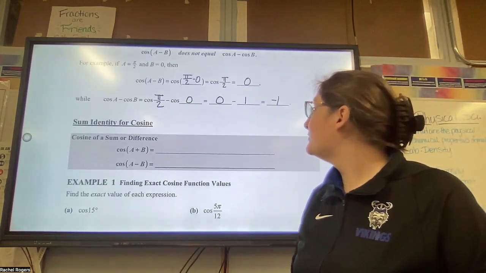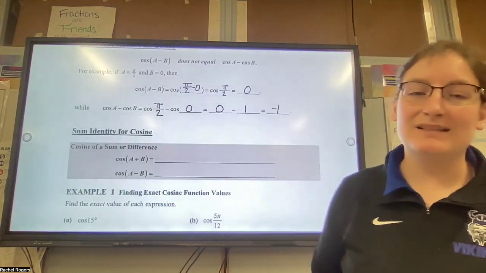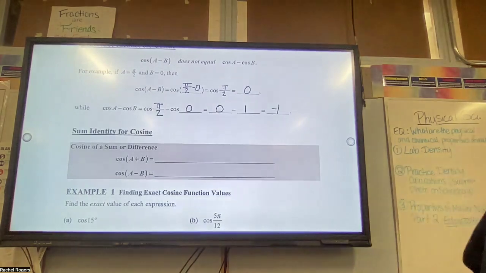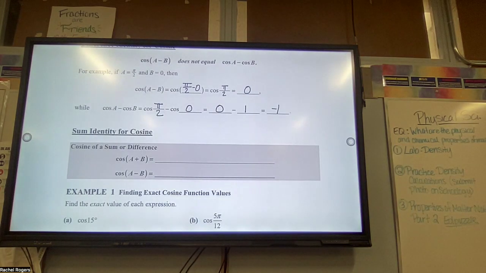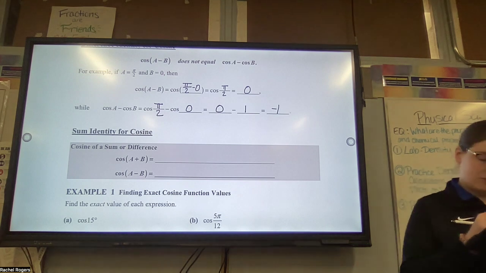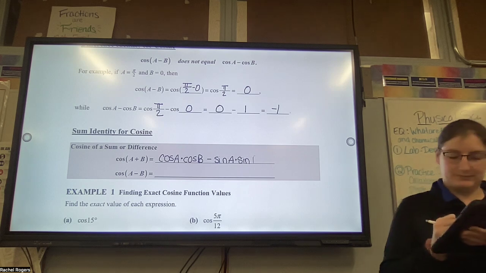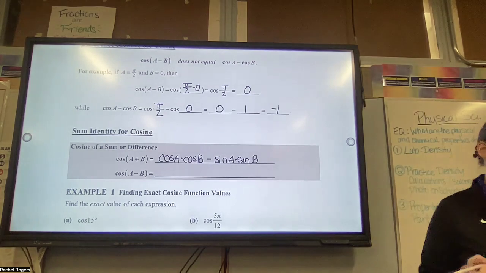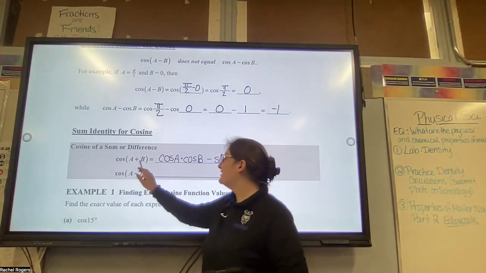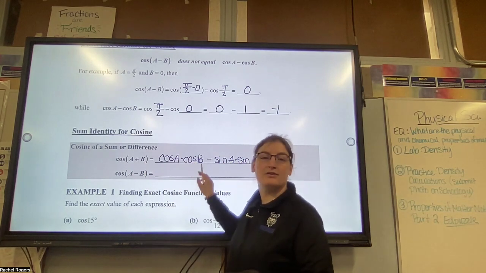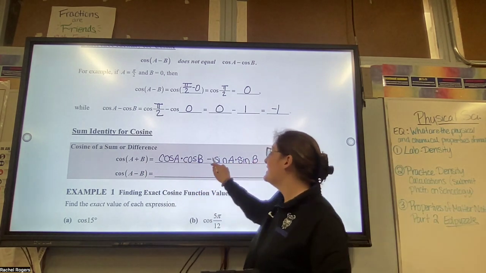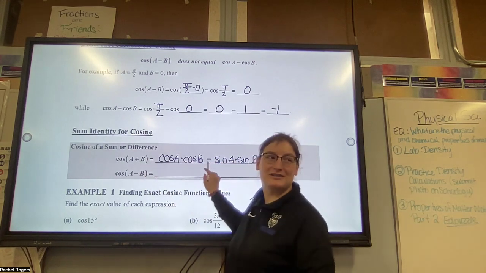Instead of splitting it across, we have this identity, and we'll go over the proof on Monday: the cosine of A plus B is equal to cosine of A times cosine of B minus sine of A times sine of B. So if it's addition, it's cosines multiplied together minus sines multiplied together.